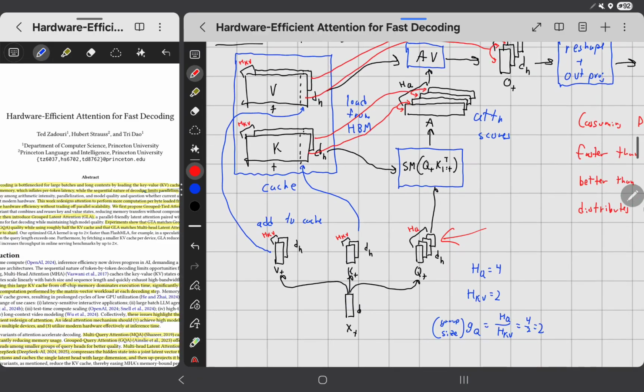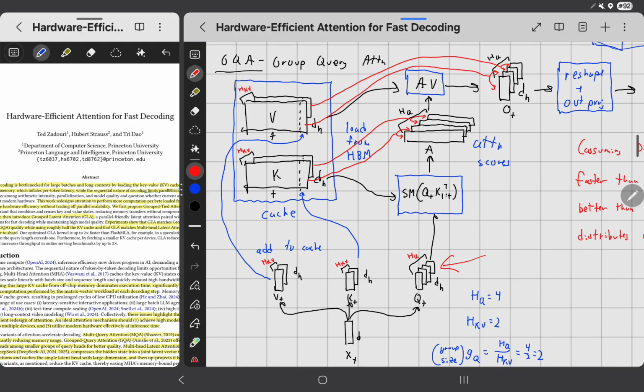And like I mentioned before, HQ should be divisible by HKV. So maybe this is like 8 and 2, or 8 and 4, or 8 and 8 if you really wanted, which wouldn't have any saving, and that would just be MHA. But yeah, this is group query attention. So it improves upon the two things I said above.